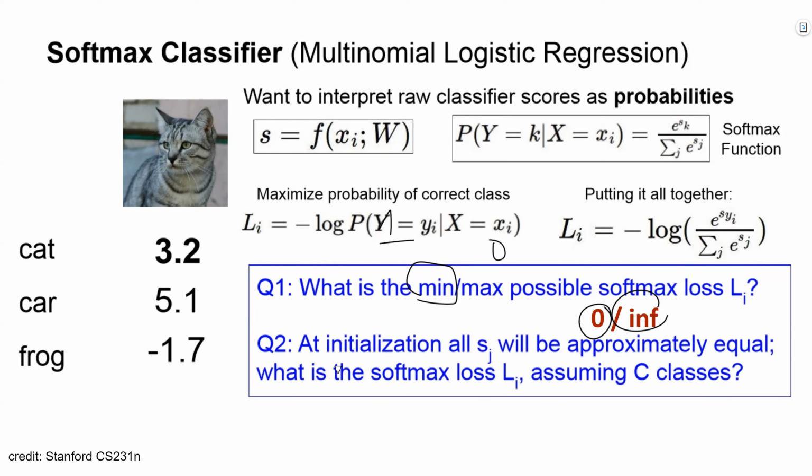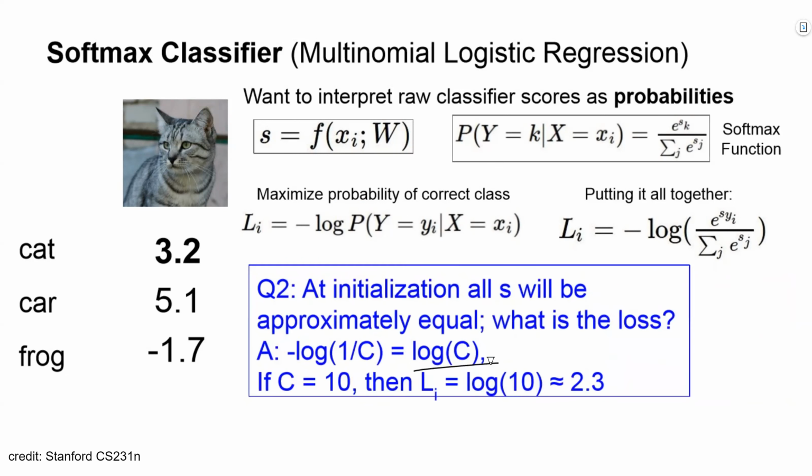Second question, at initialization, all Sj will be approximately equal. What is the softmax loss assuming C classes? It's going to be log C. Because if you have C classes, 1, 2, 3, 4, up to C, then at the beginning of the training process, all the probabilities will be predicted as 1/C. A uniform distribution. And let's say this one is the correct class.